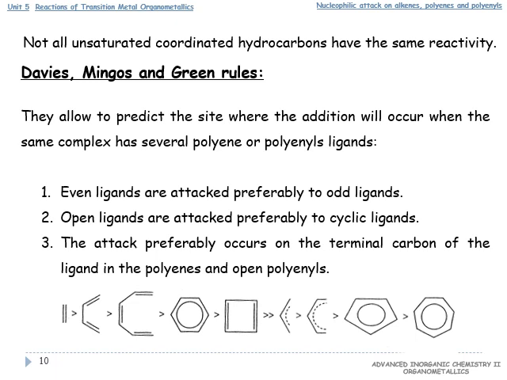Rule 3 says that the attack preferably occurs on the terminal carbon of the ligand in the polyenes and open polyenyls. Rule 1 takes precedence over Rule 2 whenever they conflict. Let's see some examples.